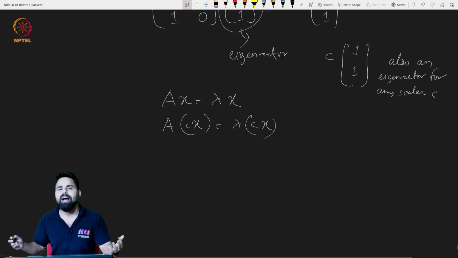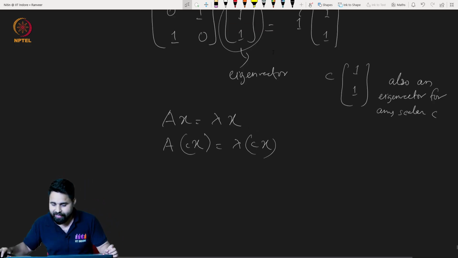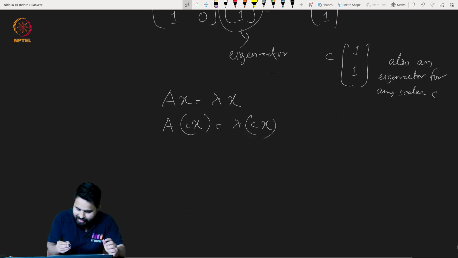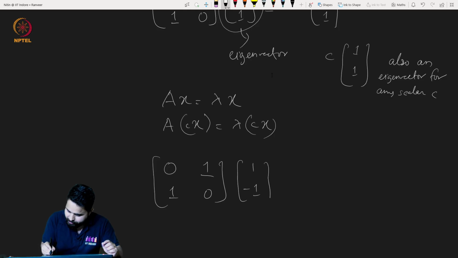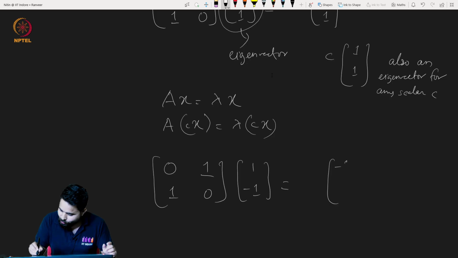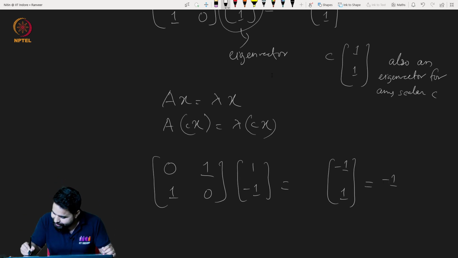Now let us see what could be the other eigenvalue of this matrix. So 1 we have already found, right? The 1 is an eigenvalue. What could be the other eigenvalue? So let us see. This time let us see this vector 1 and minus 1. What will be the output? The output will be minus 1 and 1, and in fact again I can write this vector as minus 1 times 1 and minus 1.